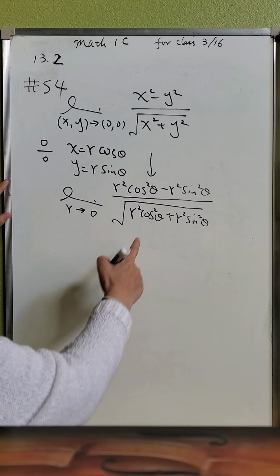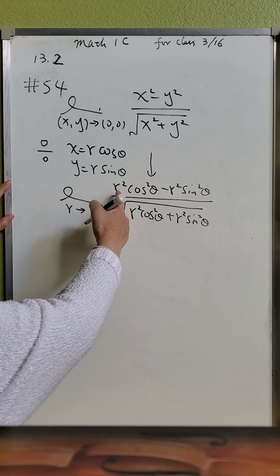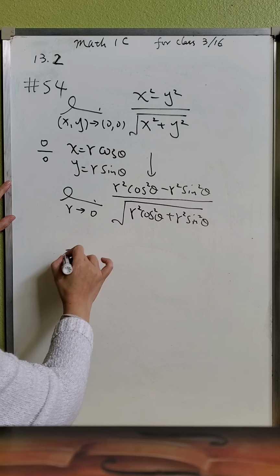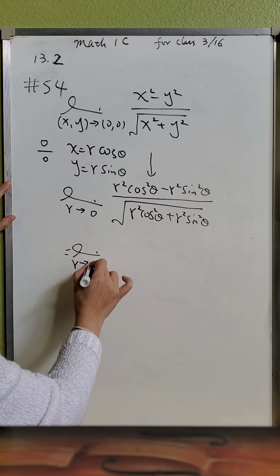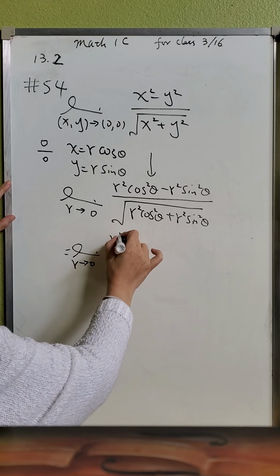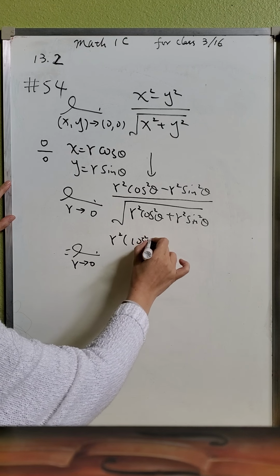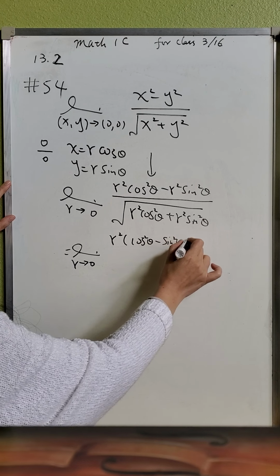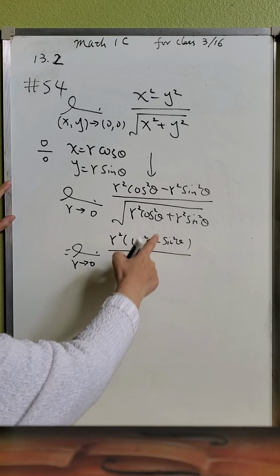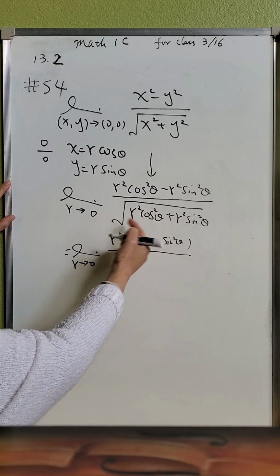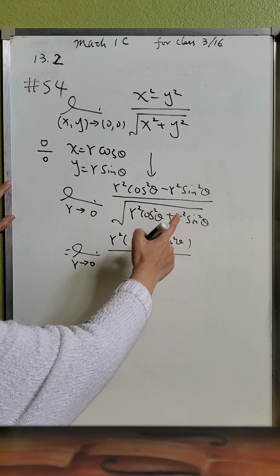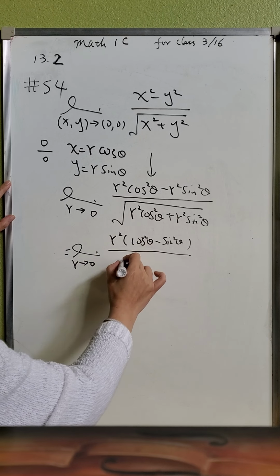And we can see that this part, you can take out the r squared. So that becomes the limit as r approaches 0 of r squared times (cosine squared theta minus sine squared theta) over, now this part, r squared taken out, this equals what? 1, right? Cosine squared plus sine squared equals 1.